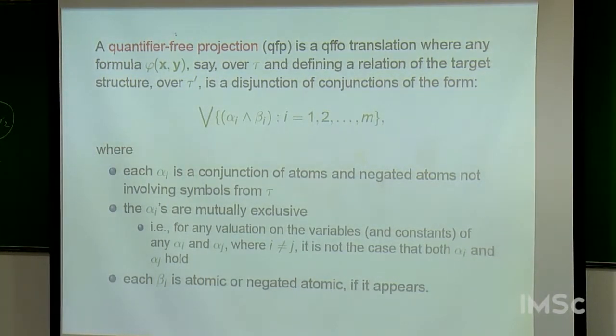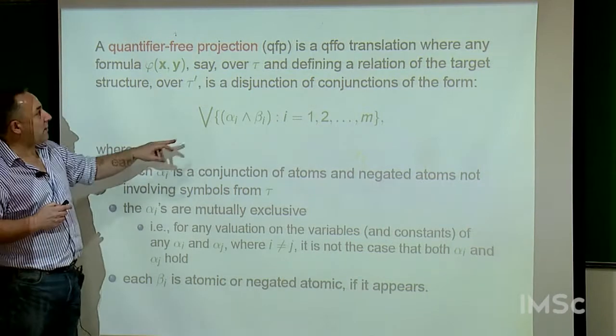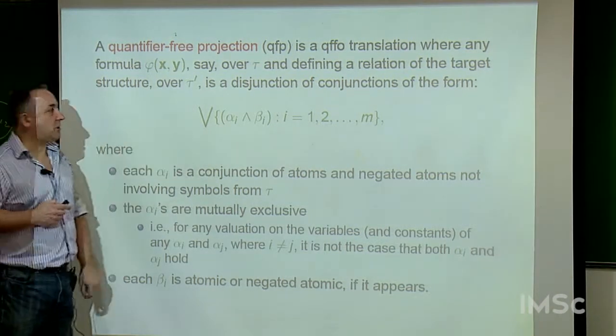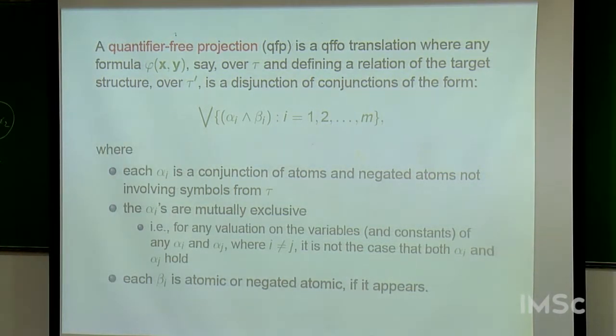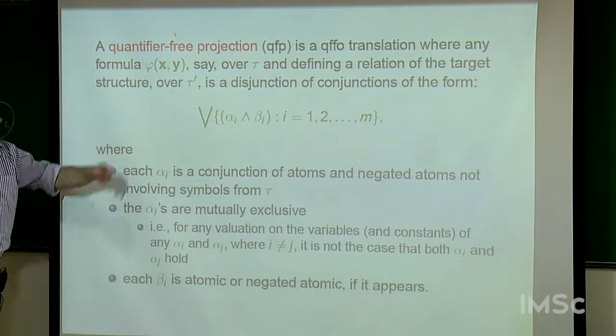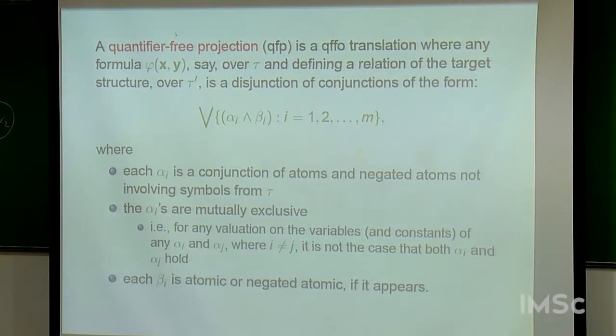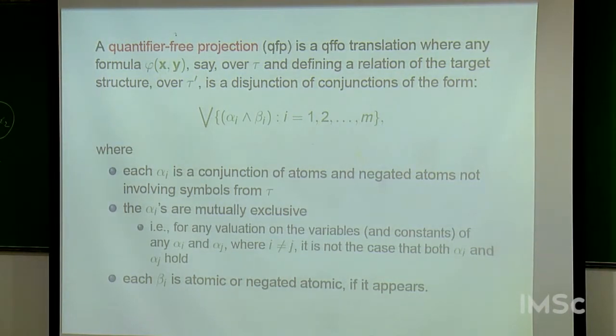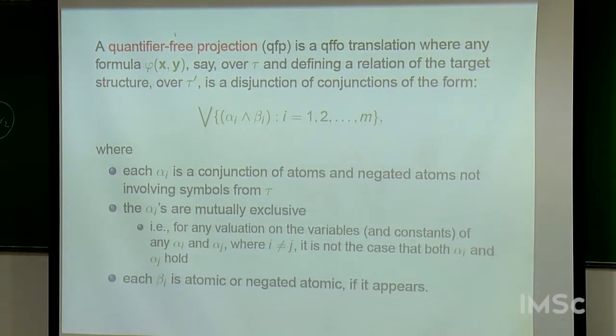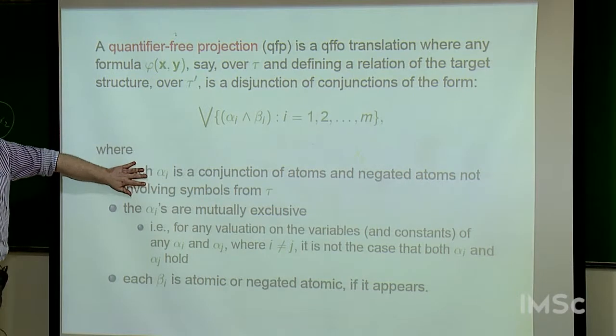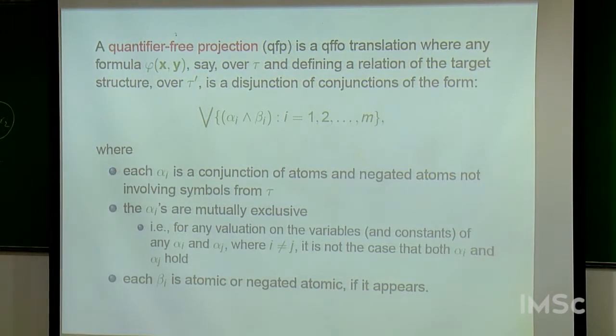We can write this quantifier-free formula as a disjunction of conjunctions, where each alpha i is a conjunction of atoms and negations not involving symbols from my signature. So it might use the successor, it might use 0, max, it might just be x equal to x or x not equal to y. But there's no constant, there's no signature symbols in there.